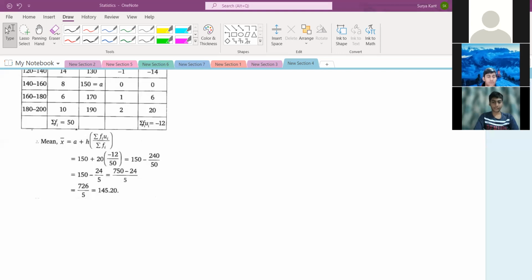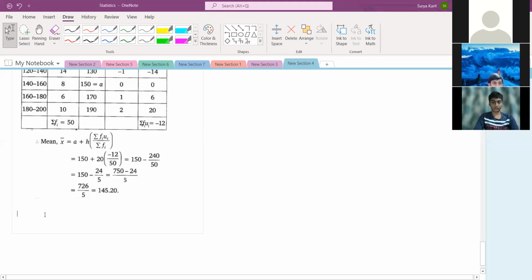You have to solve it by the step deviation method and send it back to me on WhatsApp. You have to find the mean only for this question. I'm giving this from NCERT only.